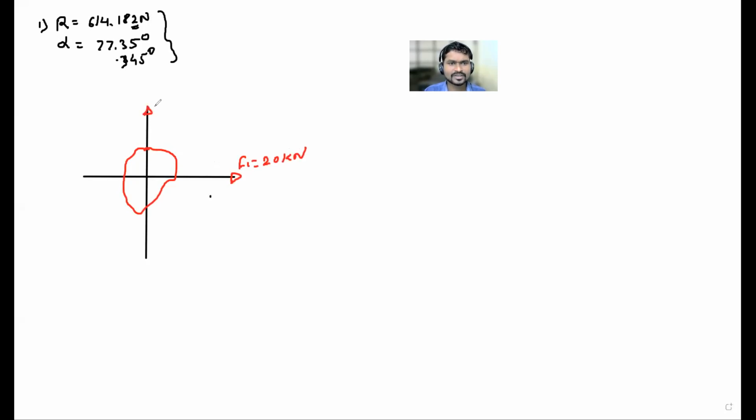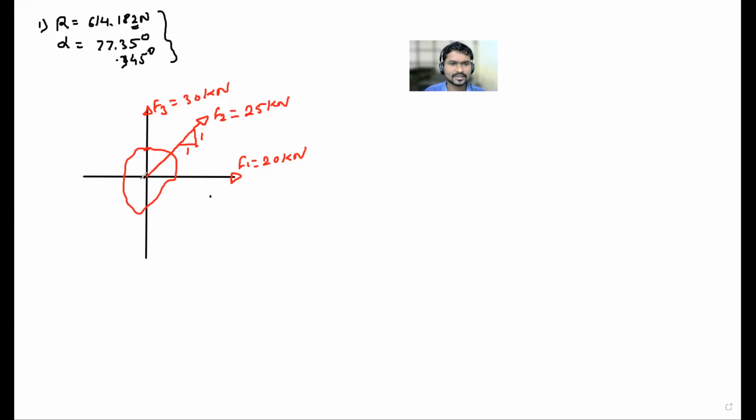Here we will consider F3 is equal to say 30 kilonewtons. Then the next one I'd like to have in the first quadrant, that is force F2 is equal to say 25 kilonewtons, and its slope as 1:1. Then the next force I would like to have in the third quadrant.